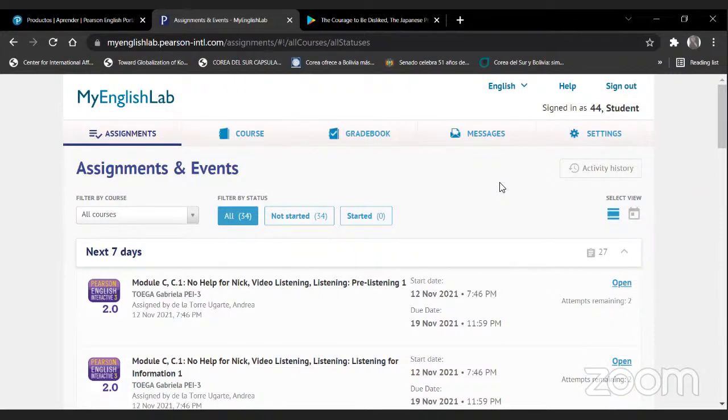What about the weather? La Paz is not as hot as Cochabamba, and Cochabamba is not as cold as La Paz.